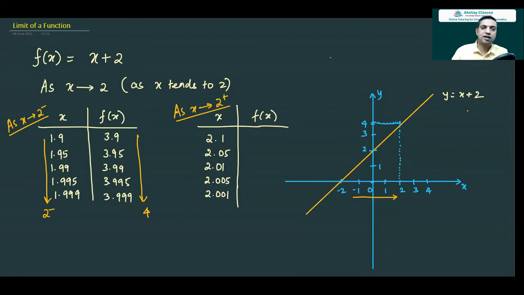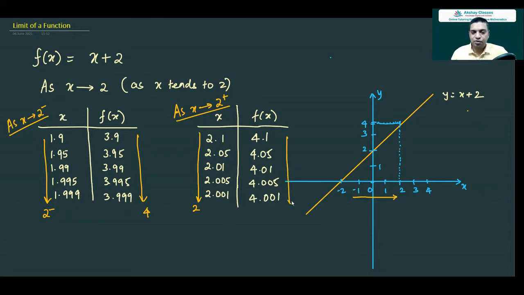So x is going towards 2 from values greater than 2. What happens to f of x? It becomes 4.1, 4.05, 4.01, 4.005, 4.001, and so on. So this is approaching 4.